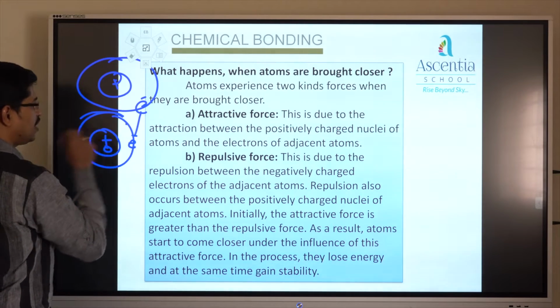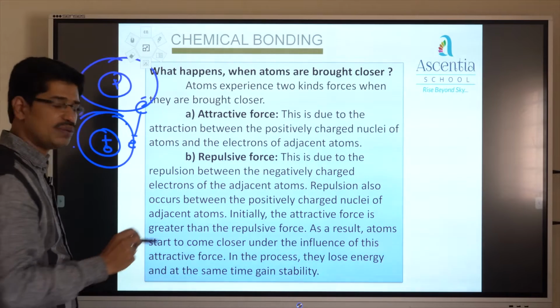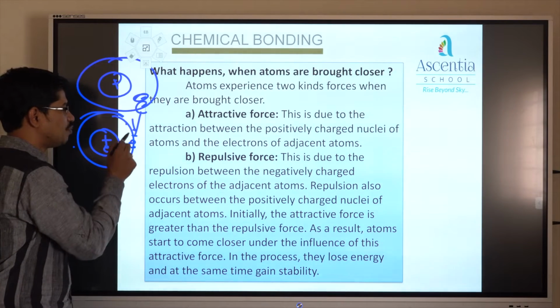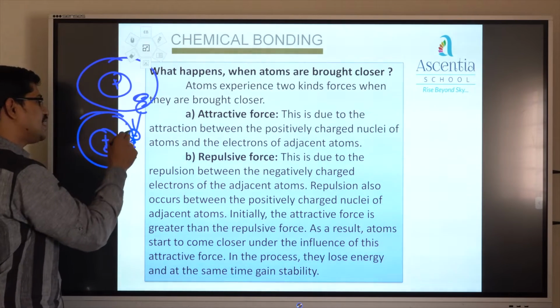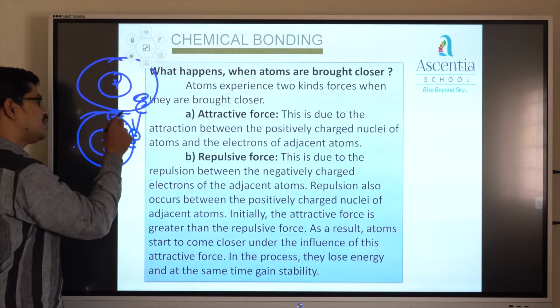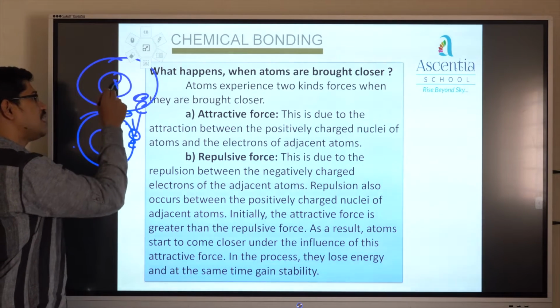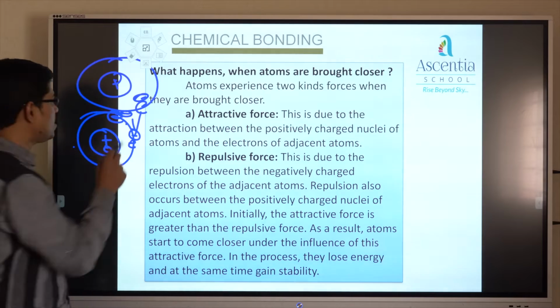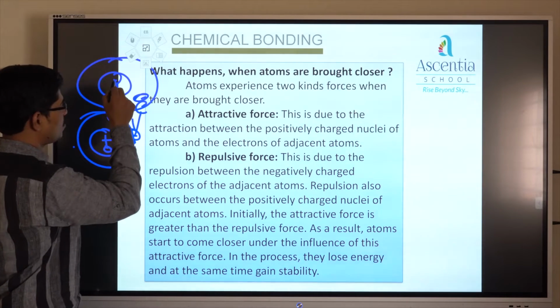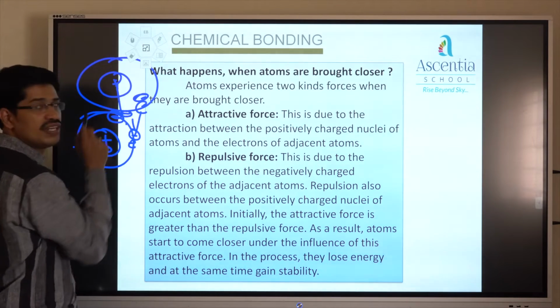There will be repulsion because of negative and negative charges. And when this electron comes here in its revolution, this electron is negative and this is positive, so they attract. So there are forces of attraction and forces of repulsion.